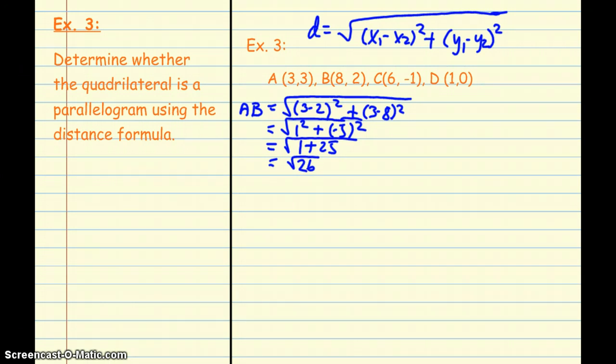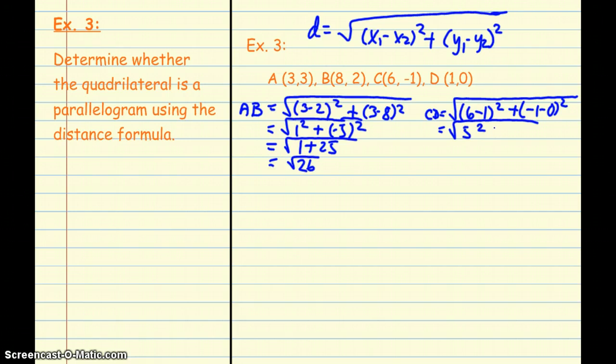So now I know that side CD is opposite of AB. So what I'm going to do now is do the same thing, except I'm going to use the coordinates of C and D. So I'm going to do 6 minus 1 squared plus negative 1 minus 0 squared, and do exactly what I just did for AB.